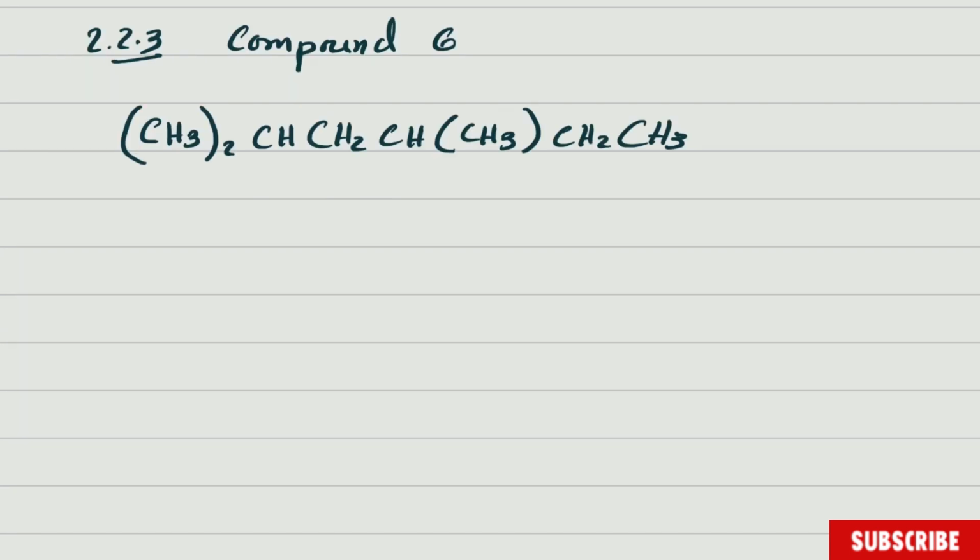We're going to do compound G, and we're going to use the same approach. For this approach, the first thing we're going to do is to convert this condensed formula into a structural formula. Remember, this bracket means a substituent or alkyl group. So what we have is 2 CH3. So we have one carbon which has 3 hydrogens, as it is here, and that is 2 of them connected to a carbon.